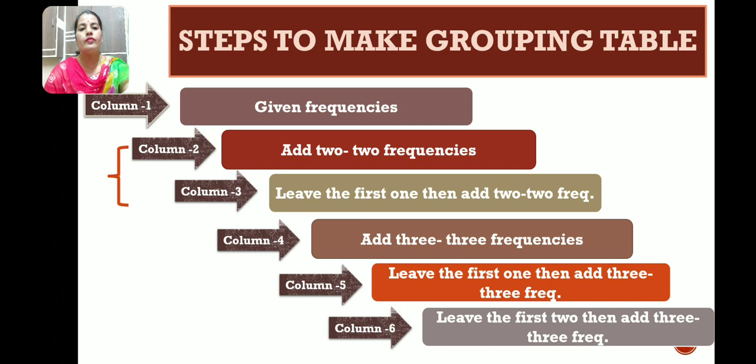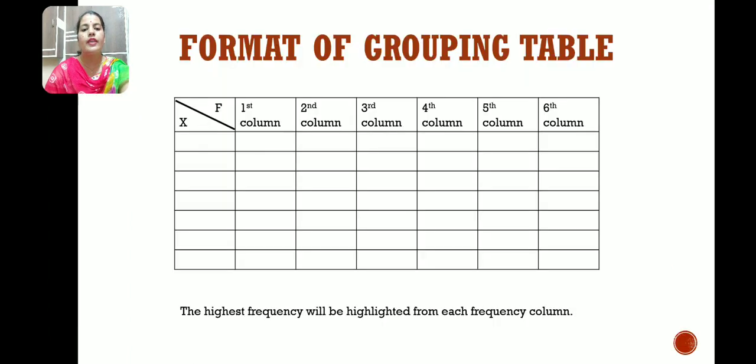So in the first column you have to write the given frequencies. In the next two columns, that is, columns 2 and 3, you have to add two, and in the last three columns, columns 4, 5 and 6, you have to add three frequencies. Now this is the format of the grouping table.